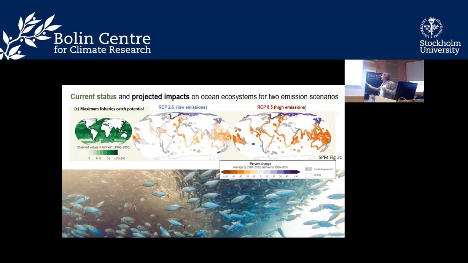Then it becomes much more apparent that the orange areas, the bad news, are all in the tropical areas, and potentially around Norway, Sweden, Scandinavia, there's a bit of a mixture. It doesn't necessarily mean that we will get that higher. It is a projection. It does depend on the species being able to move, not being overfished, and being in the right place.